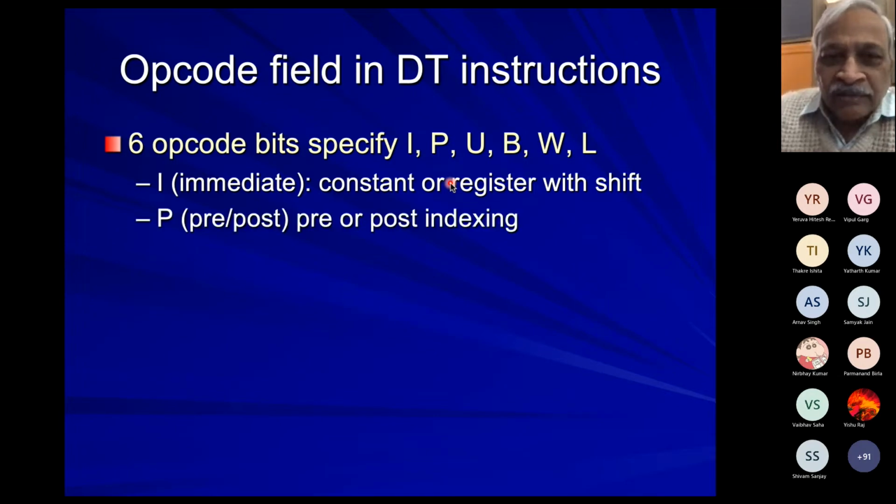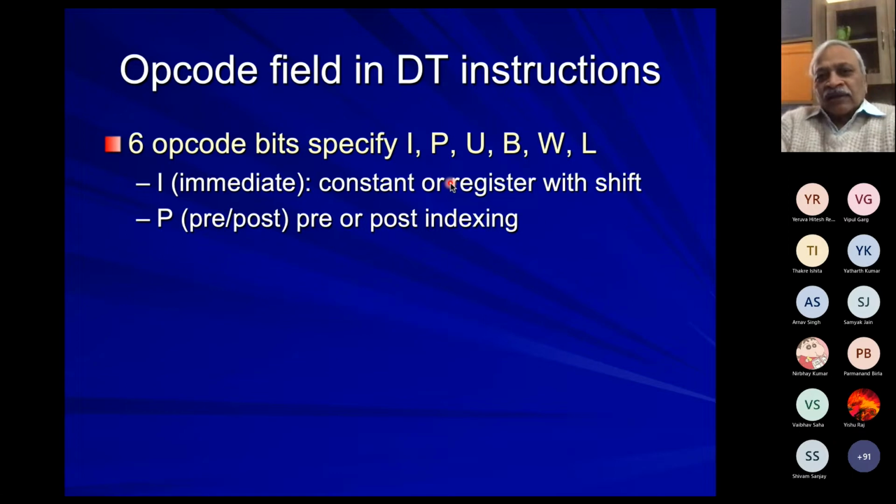P specifies whether you are using pre-indexing or post-indexing. The difference is that the addition of base and the offset, is it done before accessing memory or after accessing memory. So pre-indexing means that the addition is done for address computation and then memory is accessed.